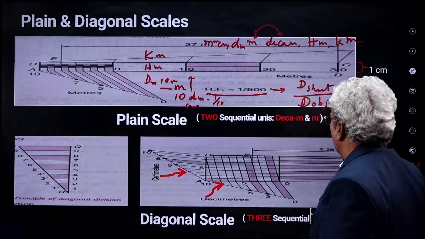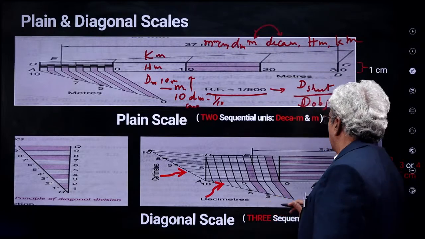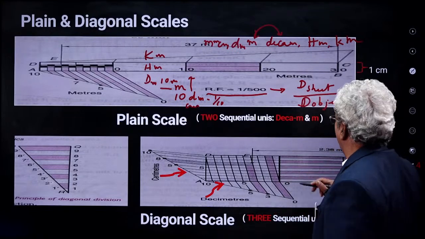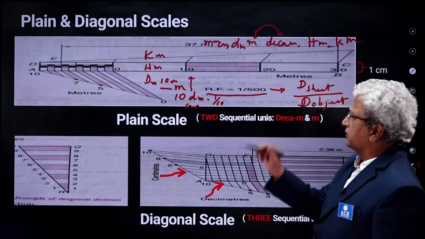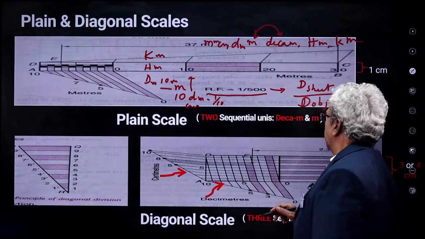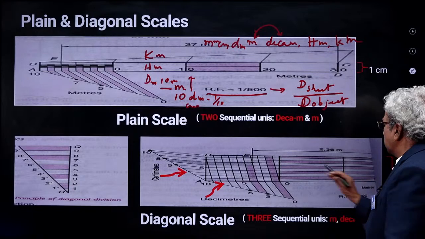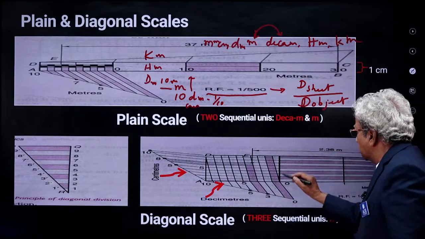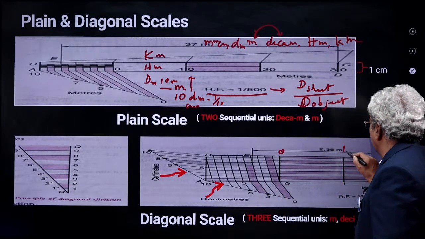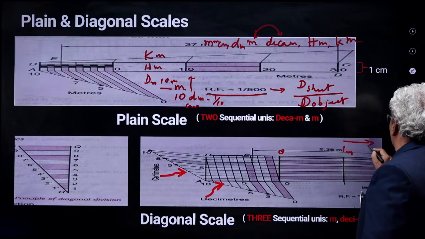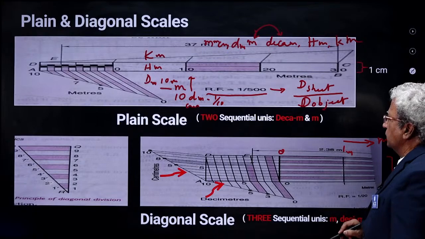And then the principle is here: if you want a third unit, we get the third unit in a different direction. For example, here is meters, this is one scale where 0 is here, 1 meter is here, and 2 meters, like that it goes on in meters.